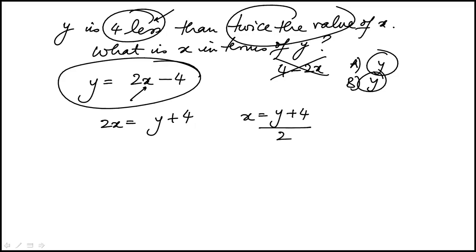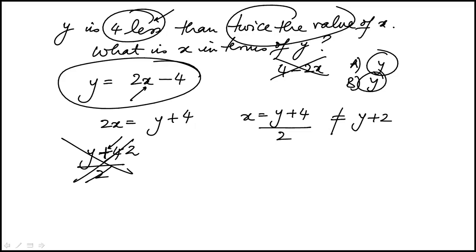The other common temptation for this type of a problem, that I've seen a lot of students do, is that you can't strike the 2 into the 4 and end up with 2. Because anytime you have a plus or a minus, you can't do that. So this is not equal to y plus 2. So that's a common temptation. What you can do is to use this rule that if you have a plus b over c, you can divide each term by c, or in this case, divide each term by 2.